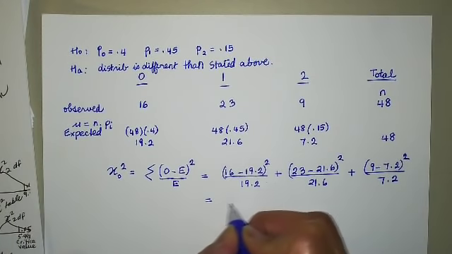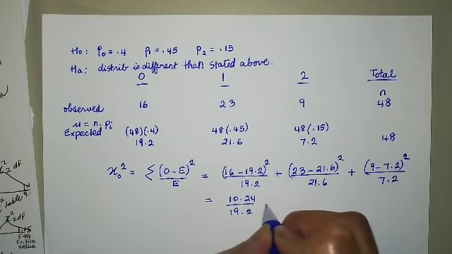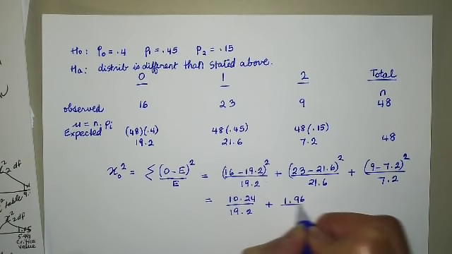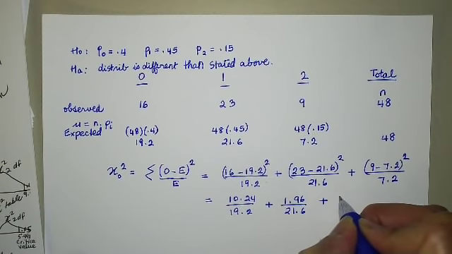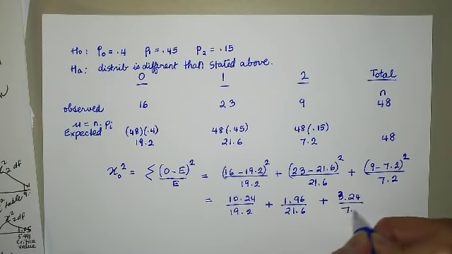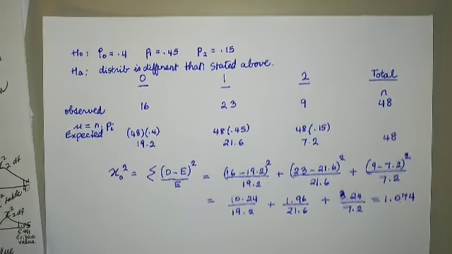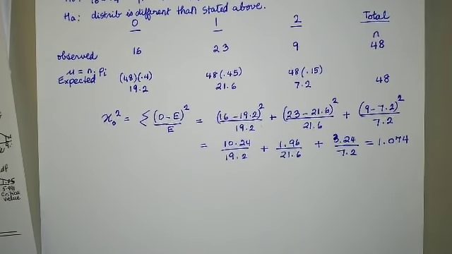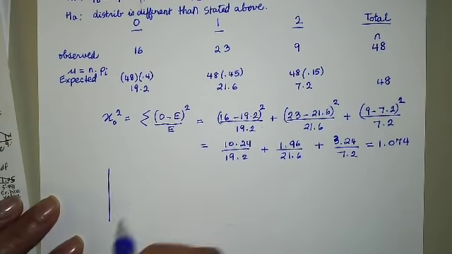When I add all these up, I get 10.24 over 19.2 plus 1.96 over 21.6 plus 3.24 over 7.2, giving me 1.074. That's the chi naught squared test statistic.